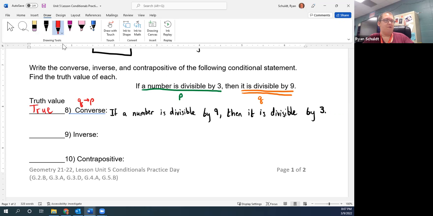Okay, the inverse. The inverse is the one with the nots. If not P, then not Q. So we negate everything.